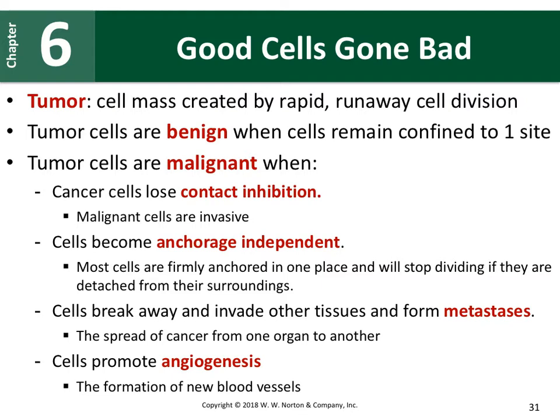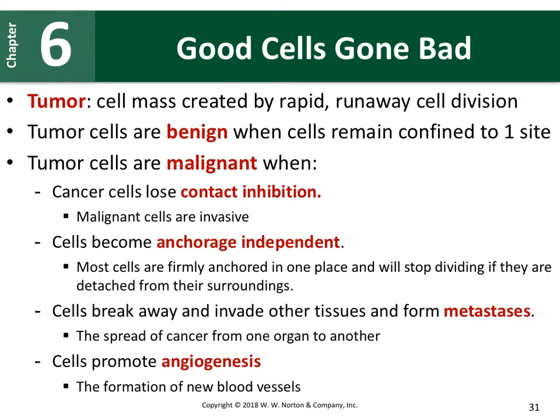And you end up with a cell mass by rapid runaway cell division, mitosis. That doesn't mean you have cancer then. That means you have a cell mass and it might be benign. And benign means that it might keep dividing slowly, but it stays in place. It doesn't invade nearby tissue.